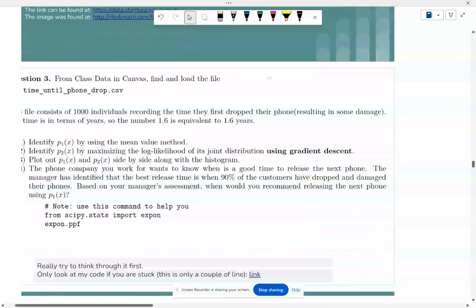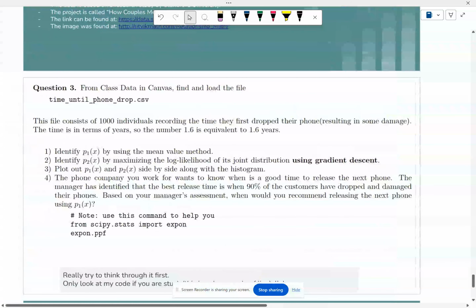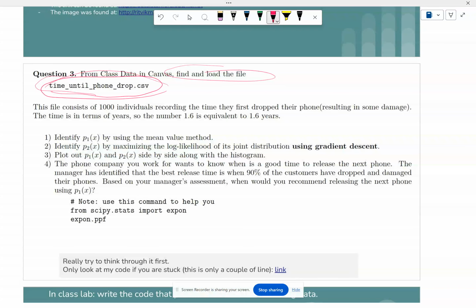Okay. All right. So for the rest of the class, you want to find and load the file, time until phone drops. This file consists of 1,000 individuals recording the time when they first dropped their phone, resulting in some kind of damage.